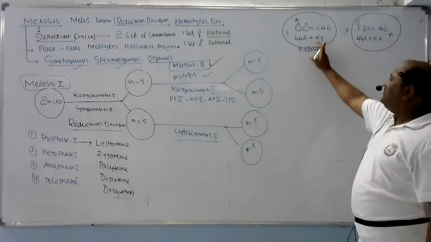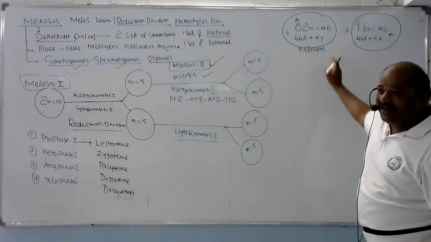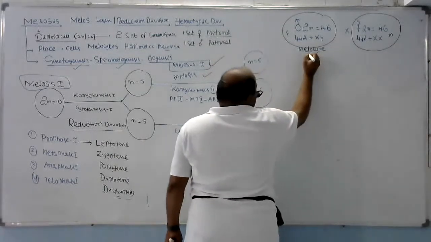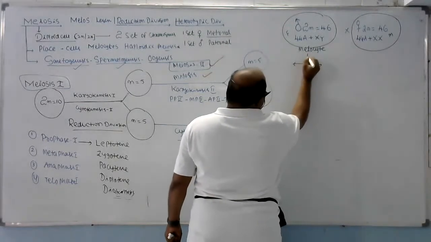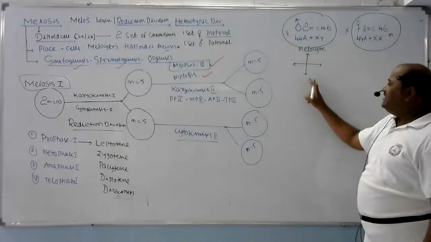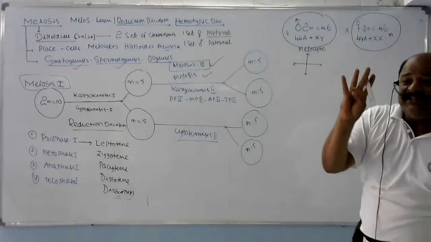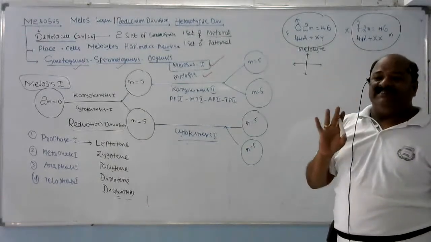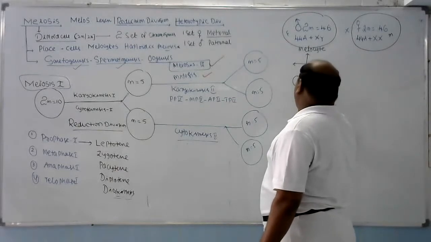A cell subjected to meiosis is called a meiocyte. Once it undergoes meiosis, we show it with a symbol. It forms how many cells? 4 cells. All the 4 cells are which kind? Haploid.